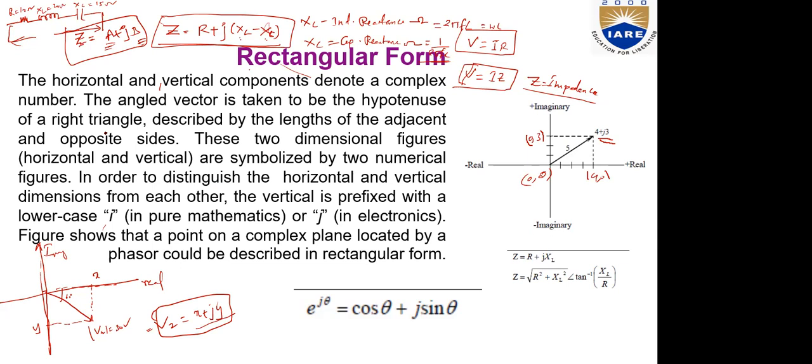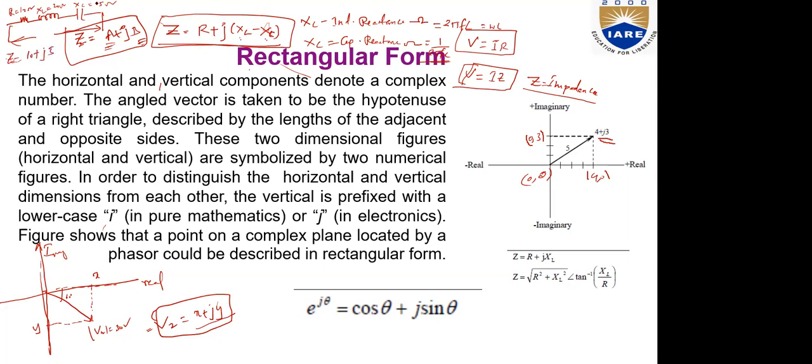What will happen to the other value? Which one, sir? XL minus XC. You don't find both XL and XC there, right? The only thing we find is either XL minus XC or XC minus XL, so we will have only one term. For this equation, the value of Z can be written as 10 plus j5.